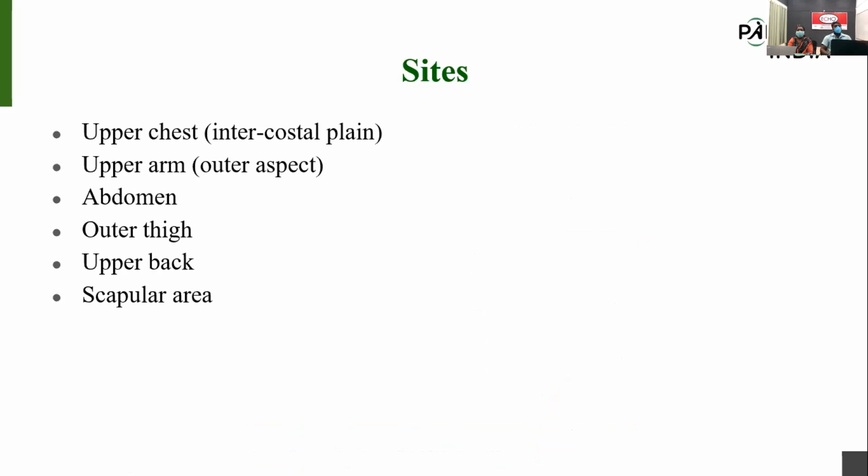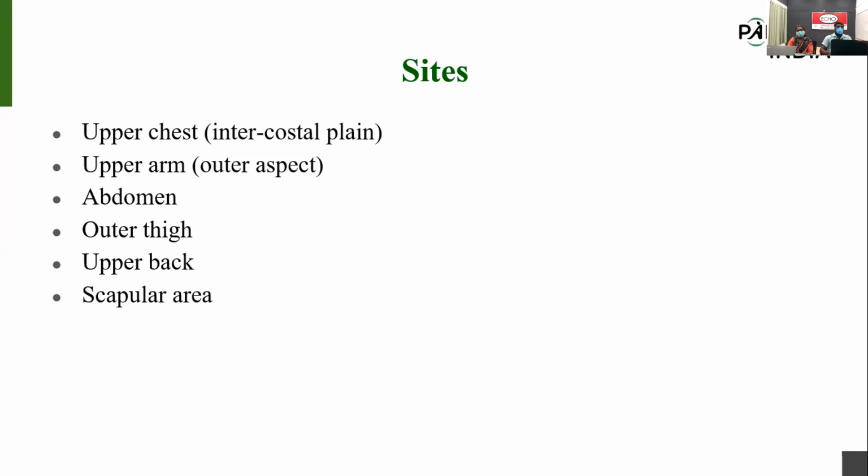Commonly we use upper arm or outer aspect of forearm, then outer or lateral aspect of thigh. This region we commonly use for giving subcutaneous injection. But if these areas are contraindicated or if we cannot choose the sites according to the situation, we can select other portions also.